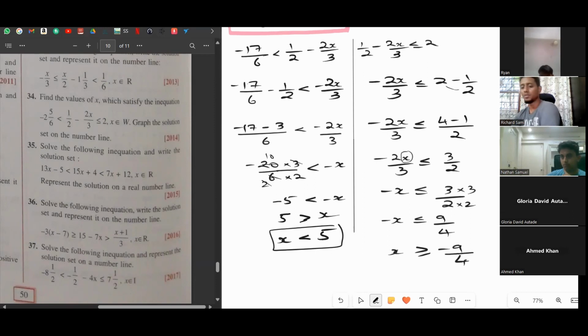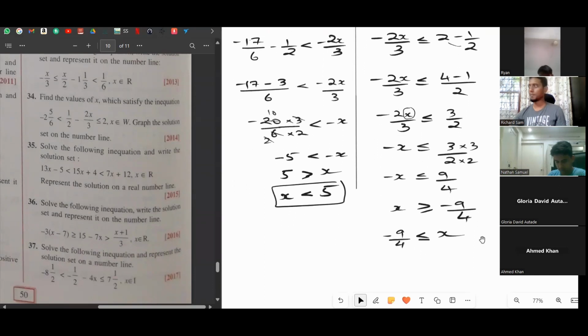And then you convert 9 upon 4 into a mixed fraction. Or before that you interchange both, because you need the less than sign. So now when you interchange, what will happen? Minus 9 upon 4 less than equal to x. And then you convert minus 9 upon 4 into a mixed fraction. So 4 into how much is 9? 4 twos are 8.